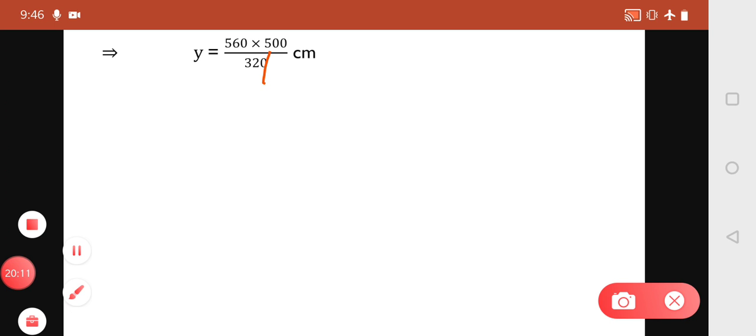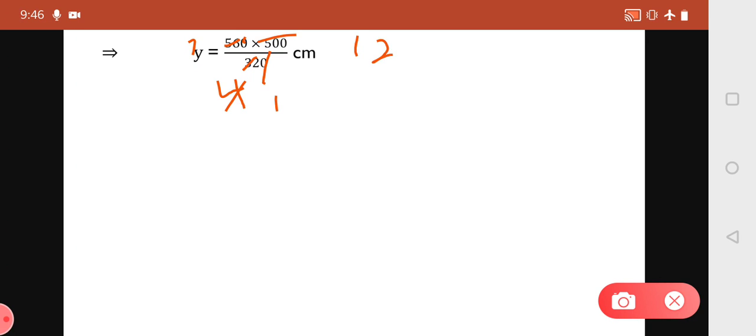Again, we can cut 0, 0 will be cut. Now, 8 4s are 32 and 8 7s are 56, and again 4 1s are 4, 4 2s are 8, and 4 5s are 20. So we get here 7 into 125.